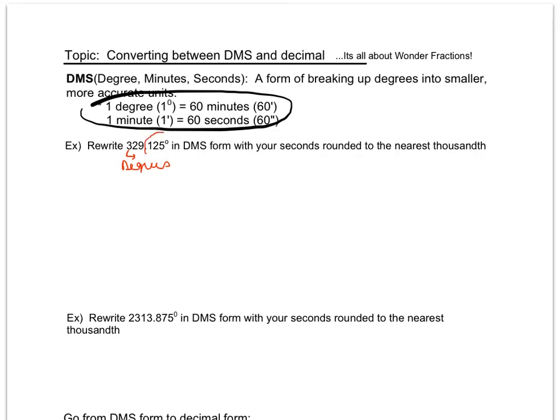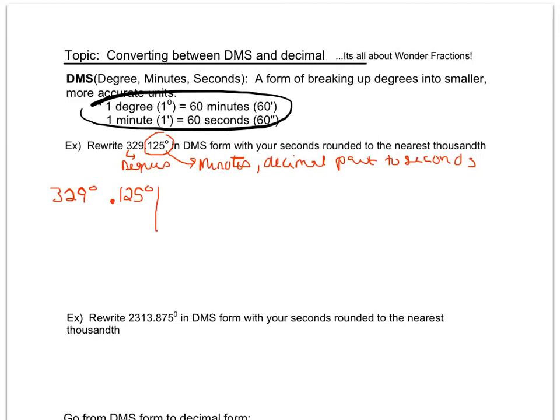But this 0.125, or 125 thousandths, I'm going to first change to minutes, and then I'm going to use the decimal part and change that to seconds. Okay. So I'm going to keep my degrees. I have 329 degrees. I also have an additional 0.125 degrees that I would like to rewrite as minutes.